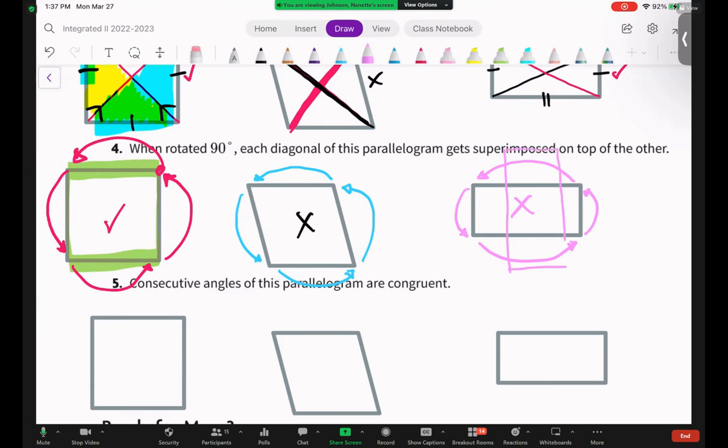This is a bad drawing, but this one would go here. Right? Yeah, that's how it would go. It would actually go like that, as opposed to going all the way across, right? So yeah, this one's definitely a no. Very good.